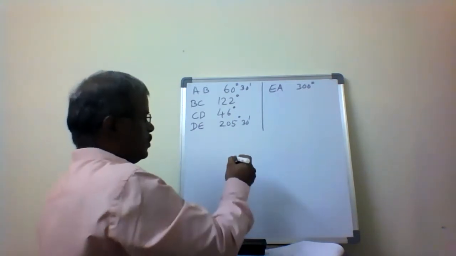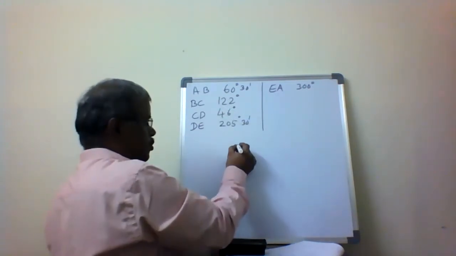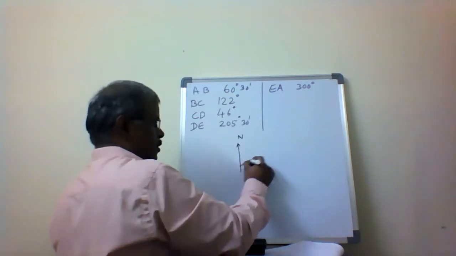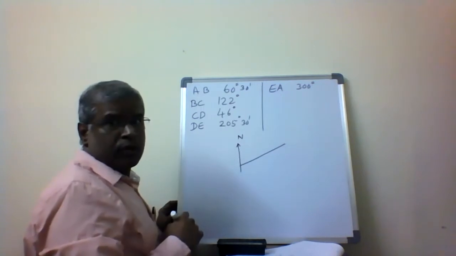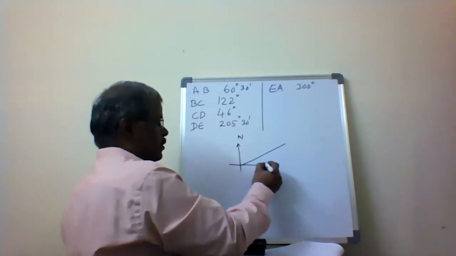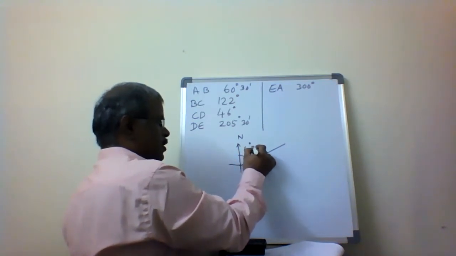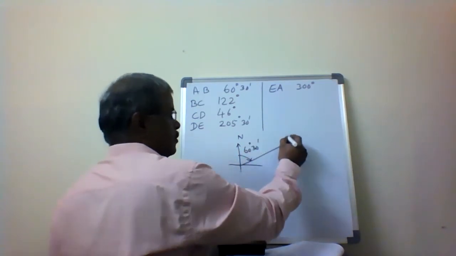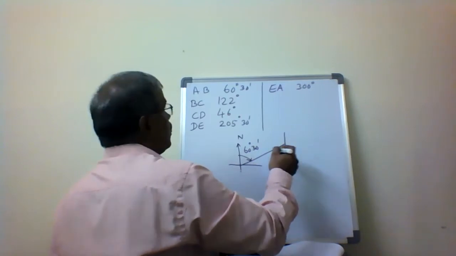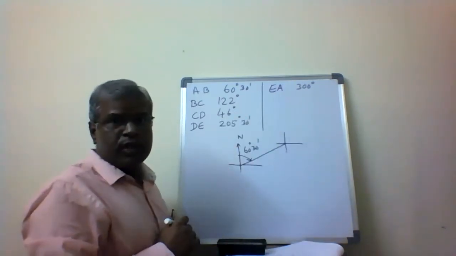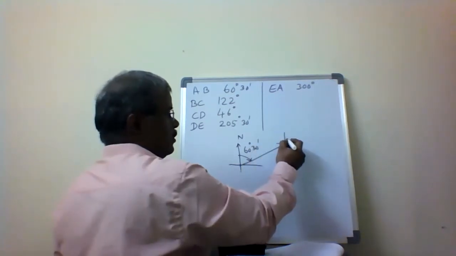So for this, first I have to draw from A to B. A to B is forward bearing 60 degrees 30 minutes, in the first quadrant. Then B to C is given as 122 degrees, in the second quadrant.